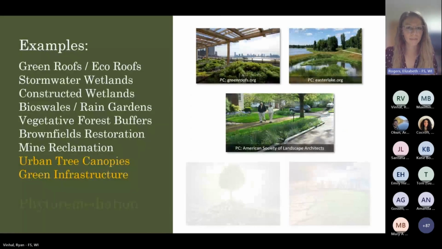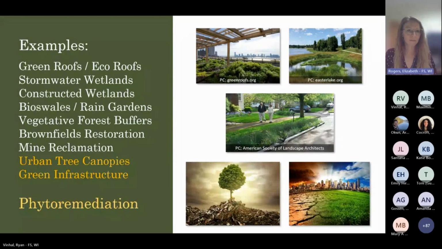Next slide, please. Some examples of phytotechnologies that you might be familiar with, some that are commonly implemented in urban areas, include green roofs, constructed wetlands, as well as management of stormwater runoff using rain gardens. And so Max is going to be talking more about a few phytotechnologies, including urban tree canopies and green infrastructure.